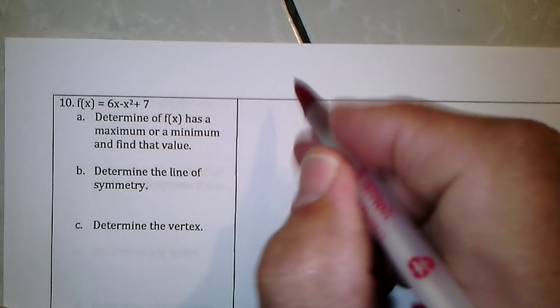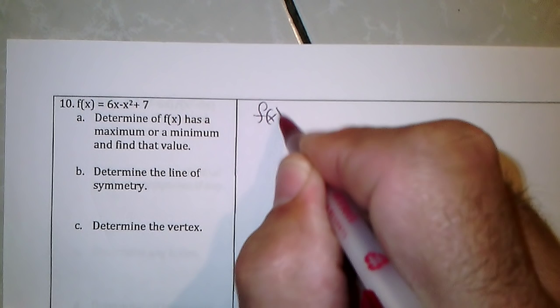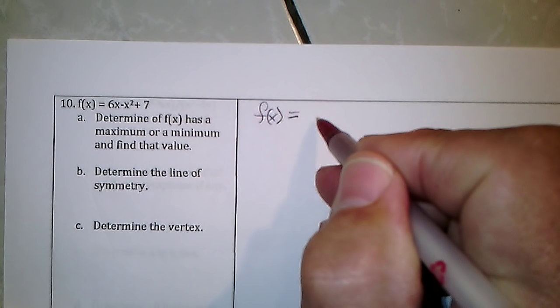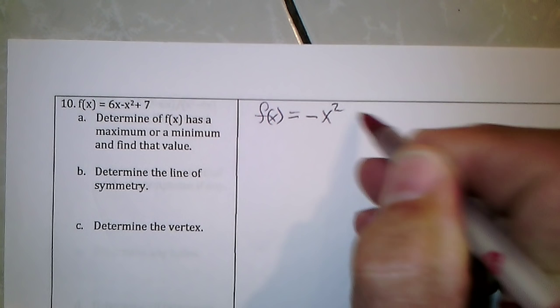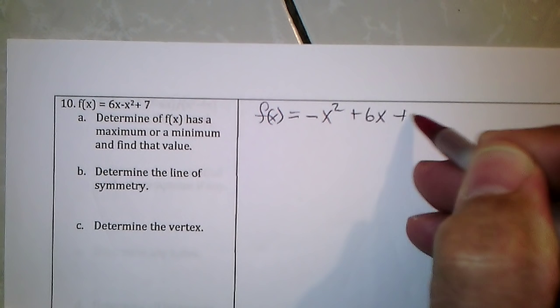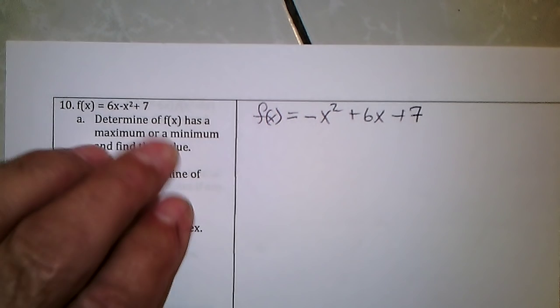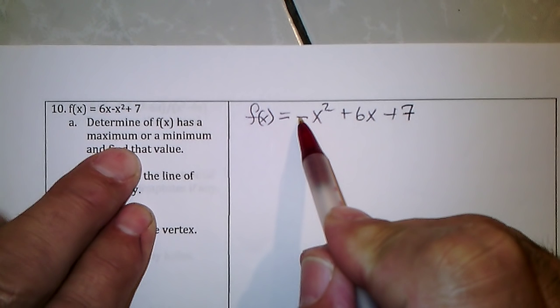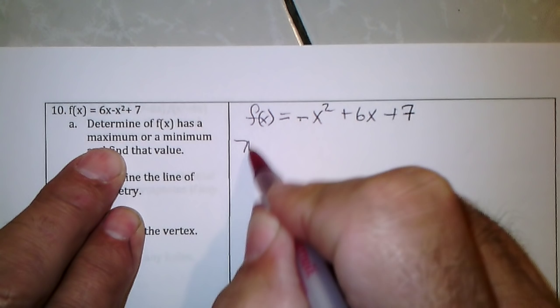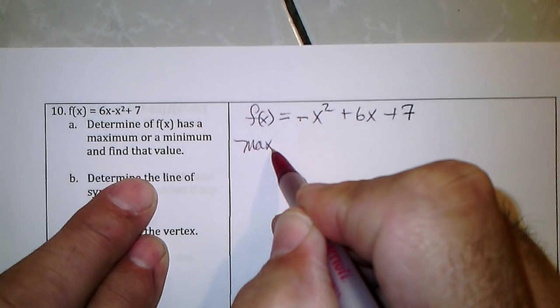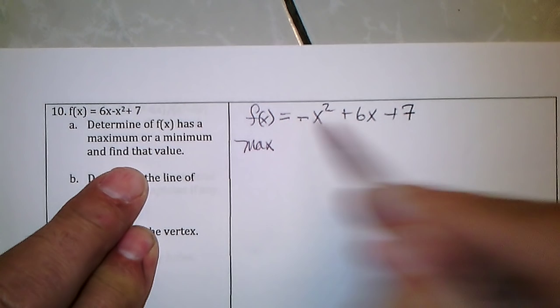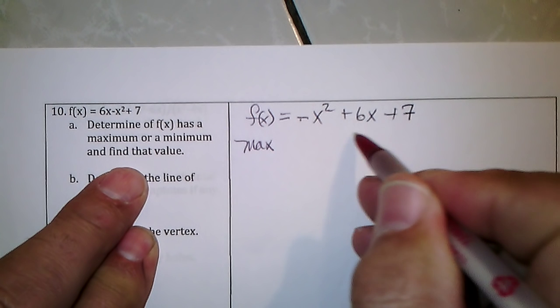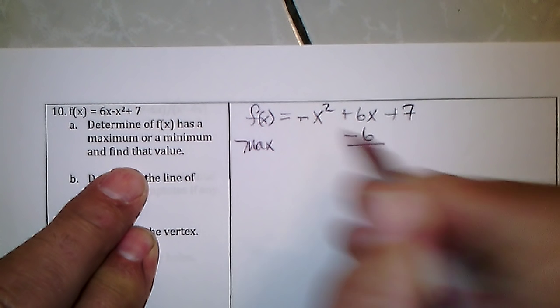This one, let's write it in order. Minus x squared plus 6x plus 7. And since it's upside down, it's going to have a maximum. And to find that value, it would happen at minus b over 2a.